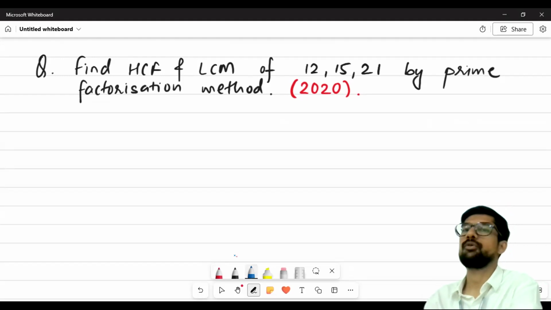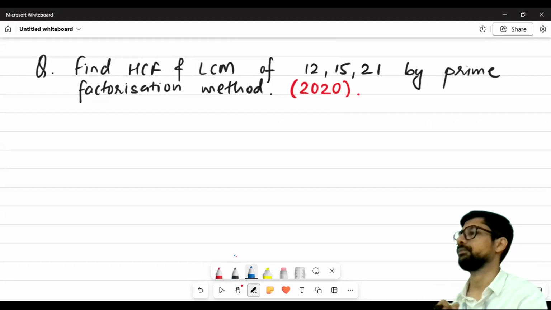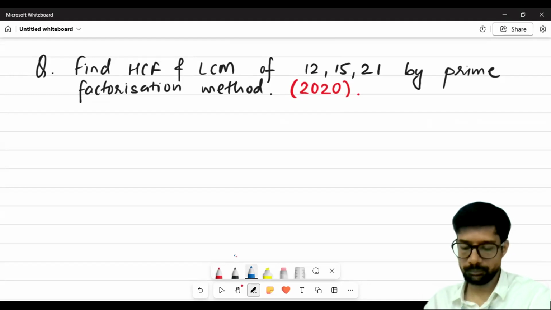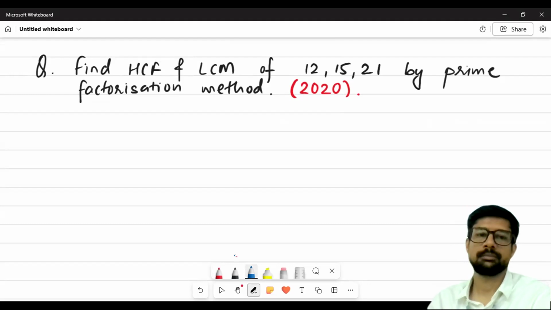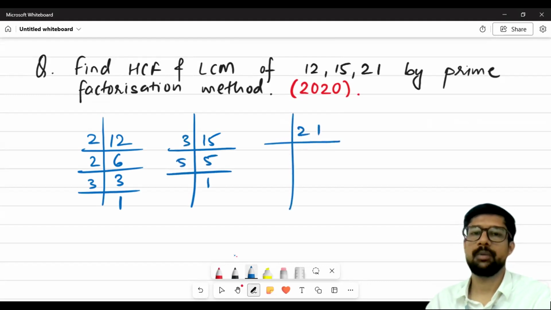Prime factorization of 12, 15, and 21. Okay. 12, 15, 21.